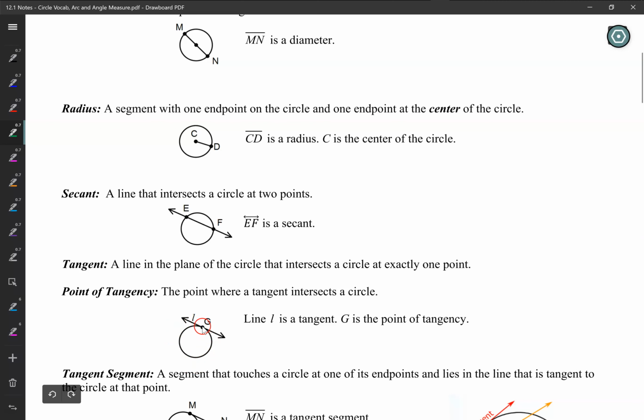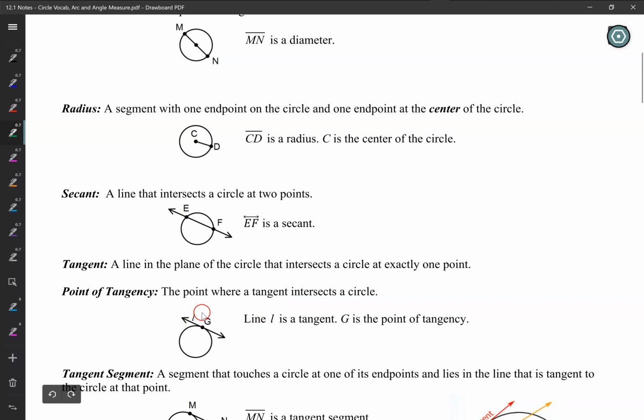So a tangent touches the circle at just one point. The point where it touches is called the point of tangency. So a tangent can either be named like a secant with 2 points on the line and a double arrow, or remember, lines can be named with a lowercase cursive letter.